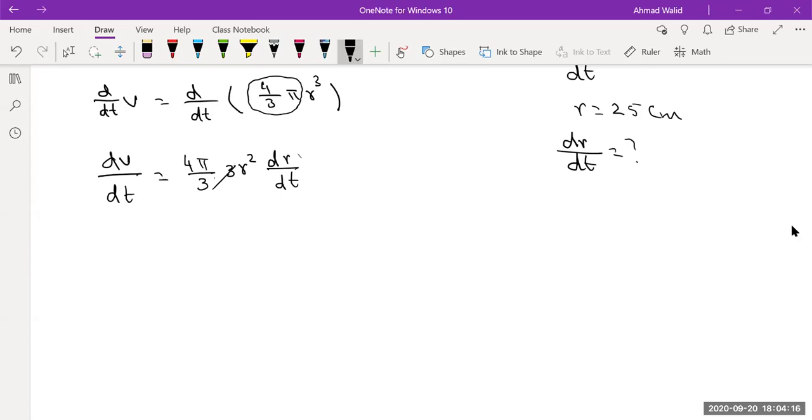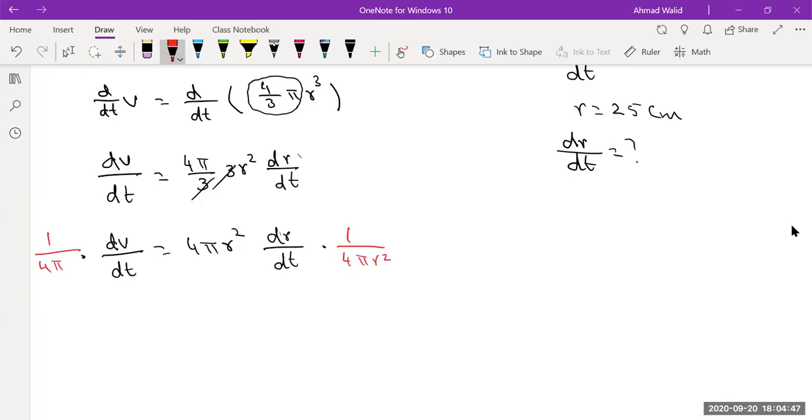You can cancel out 3 with 3 first: dV/dt equals 4 pi r squared dr/dt. To solve for dr/dt, I multiply both sides by 1 over 4 pi r squared to get rid of 4 pi r squared.